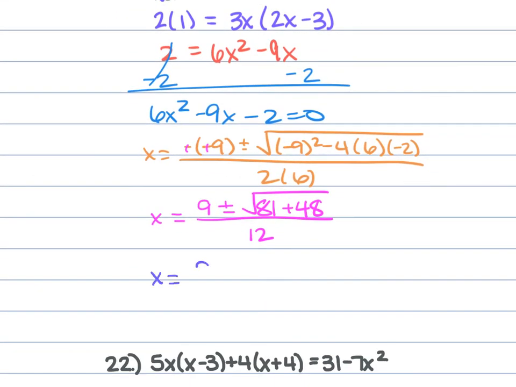So x is equal to 9 plus or minus the square root of 81 plus 48 is 129 all over 12. The 129 is 3 and 43. However, the 43 you can't simplify. So we're just going to leave it the way it is.